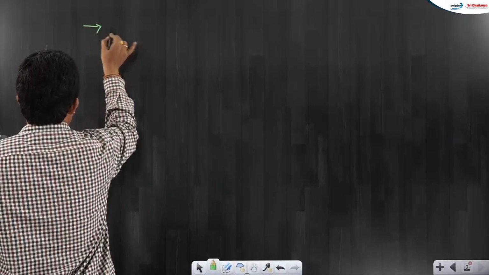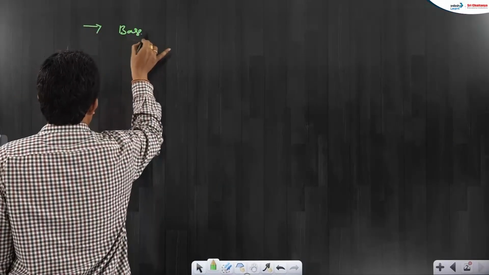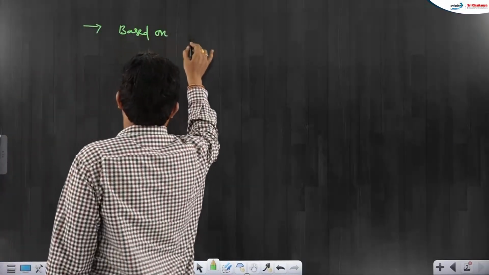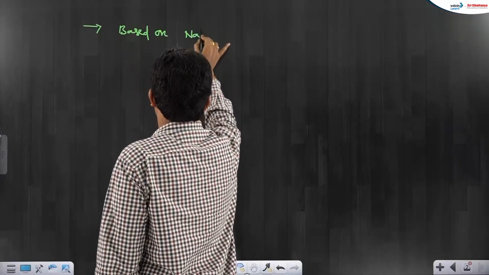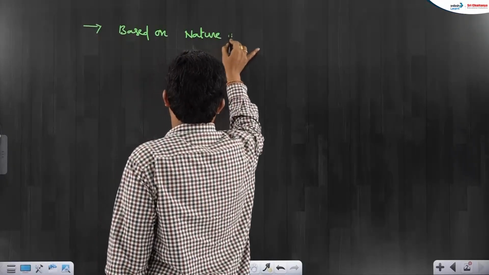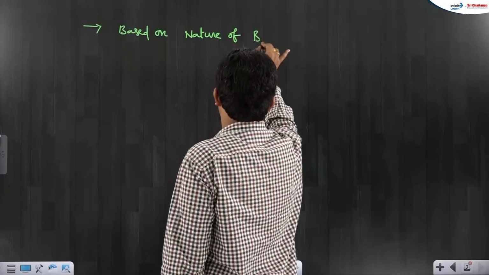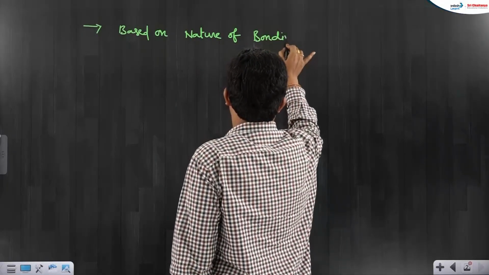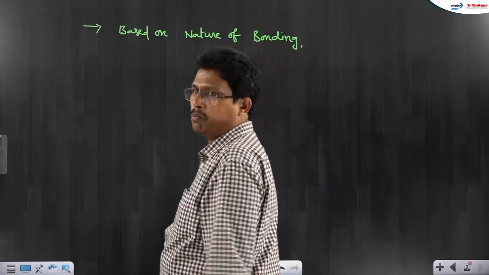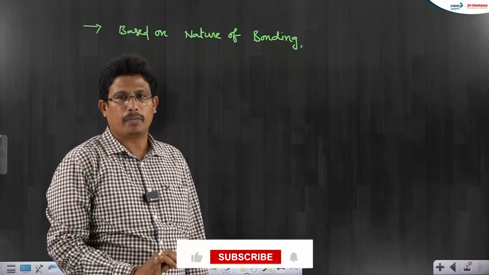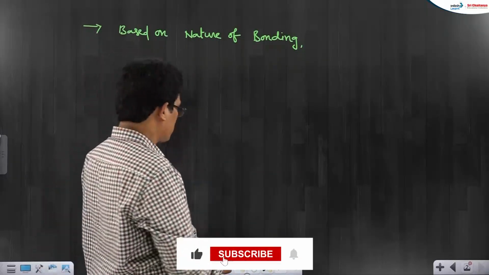Based on the nature of bonding, atomic radius is mainly classified into three types.